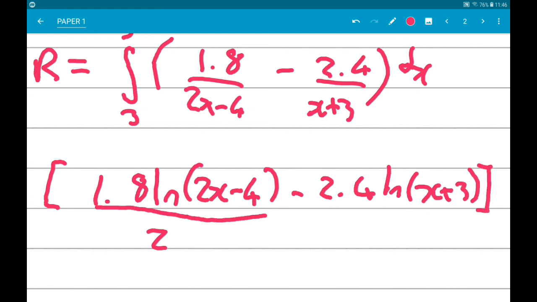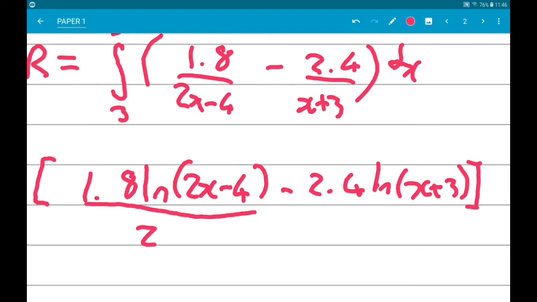Between 3 and 5. Alright, so let's whack 5 in.